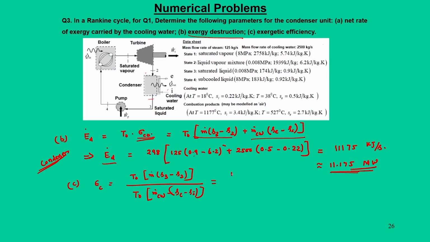When you insert the numbers, it is 197,425 divided by 208,600. So, you say the exergetic efficiency of the condensing unit is about 0.94, or approximately 94%.